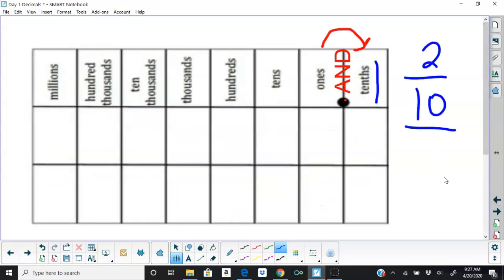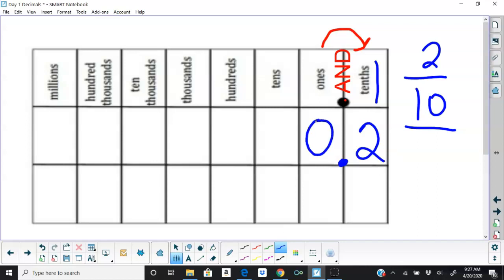Okay, we can write fractions as decimals and we can write decimals as fractions. So 2/10. How do I think I would show 2/10? What number should I write in my tenths place value chart? I'm going to put my decimal point and then I'm going to write a 2. How many ones? How many whole numbers? 0.